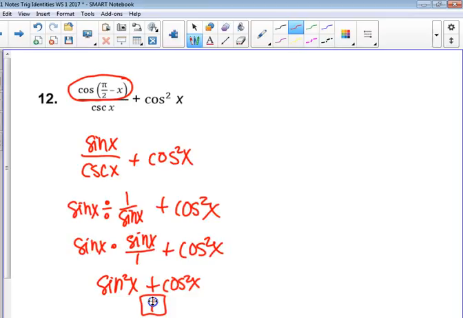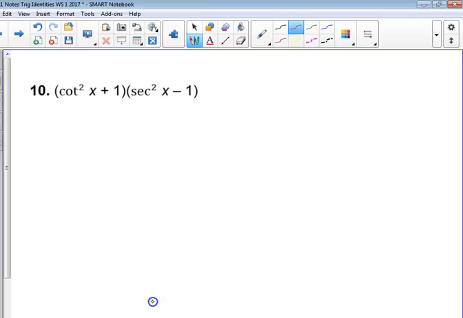What else? 10 more minutes. 10? Okay. I don't think I want to foil this together, maybe. Can I trade this for something? What is cotangent squared plus 1?